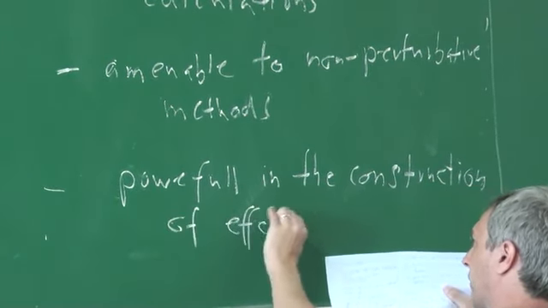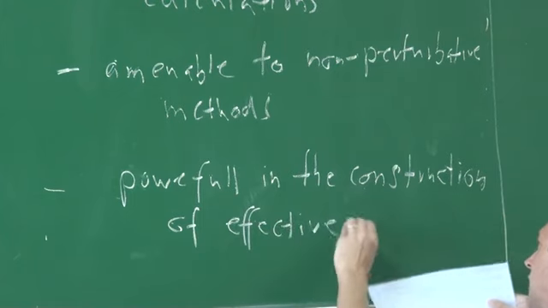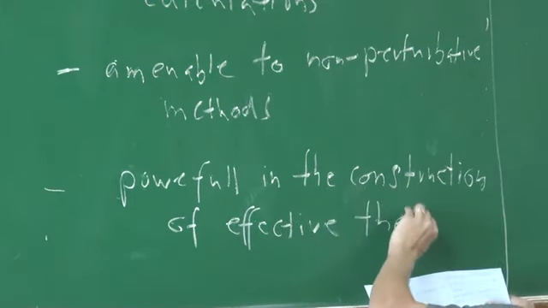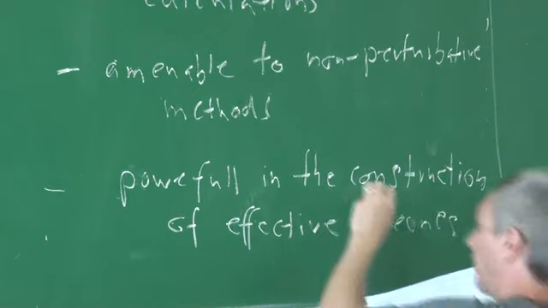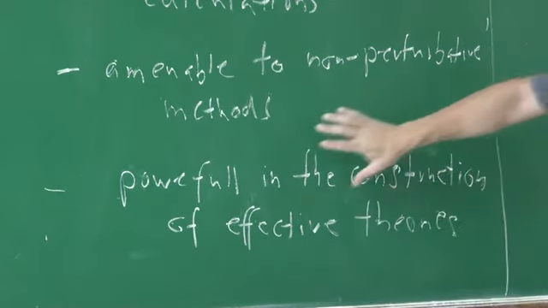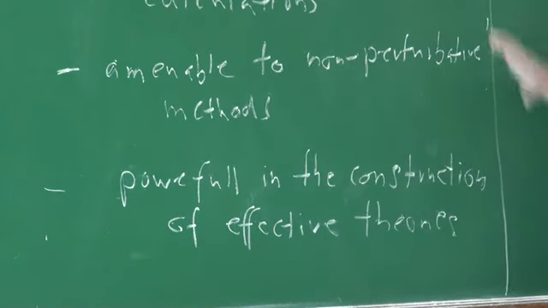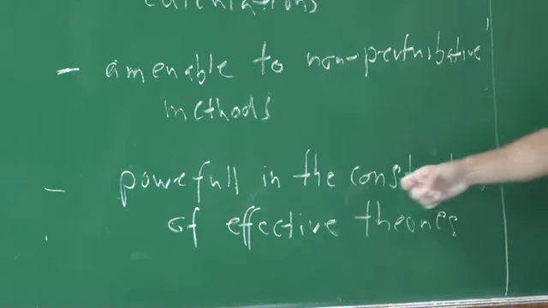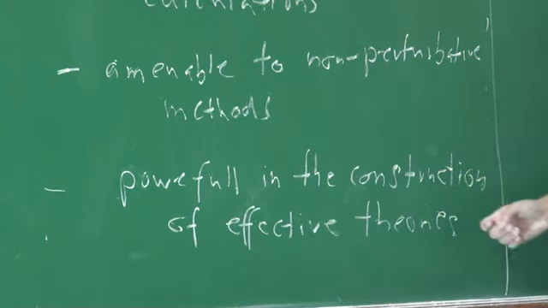Just to give you a very superficial idea: once you have written down your propagator, or whatever object you're interested in, as a sum over field configurations, the construction of an effective theory amounts to a change of variables in this integral. These path integrals can be viewed as high-dimensional integrals.